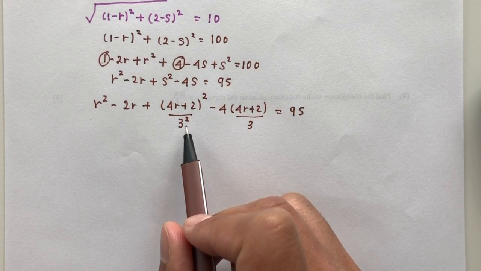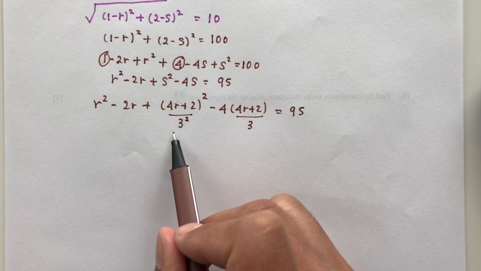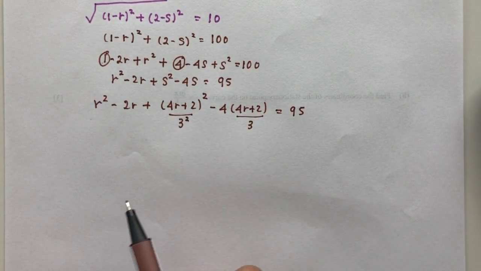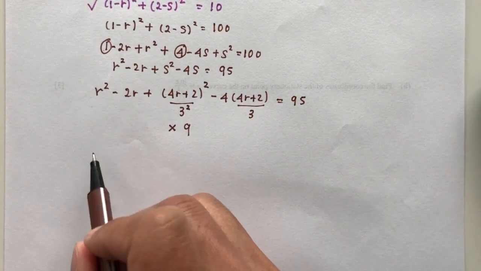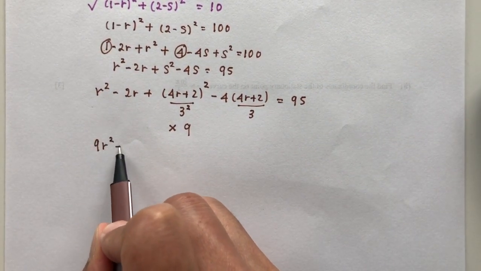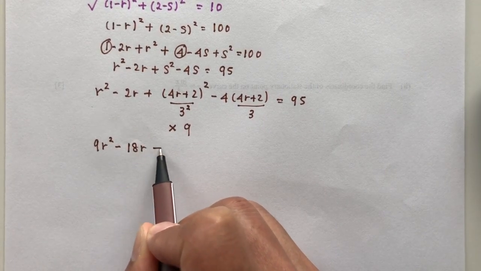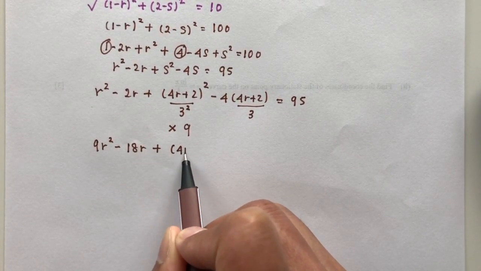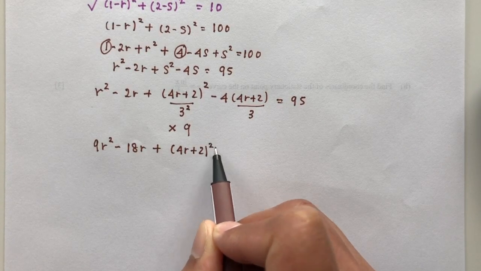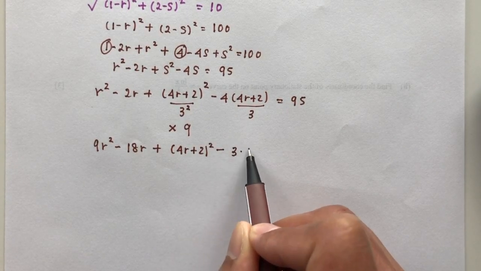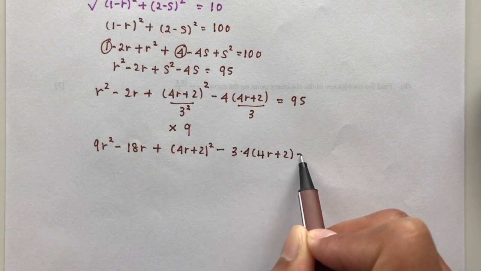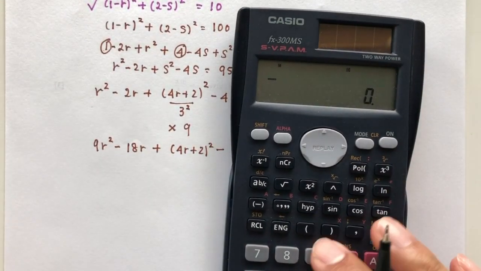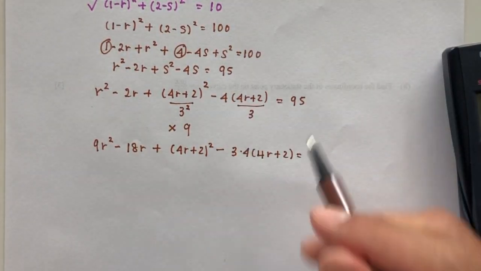So since we have to get rid of 9 and 3, we can multiply by 9 everywhere. So that will become 9r squared minus 18r plus (4r plus 2) squared minus 3 times (4r plus 2) equal to, so this times 9, that will be 855.